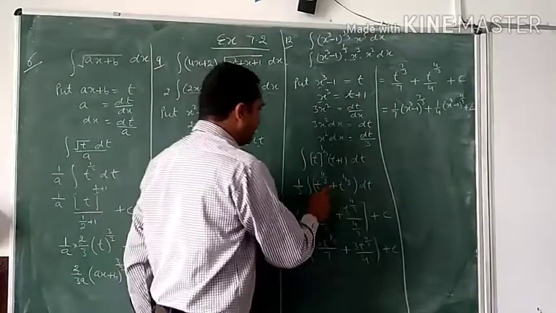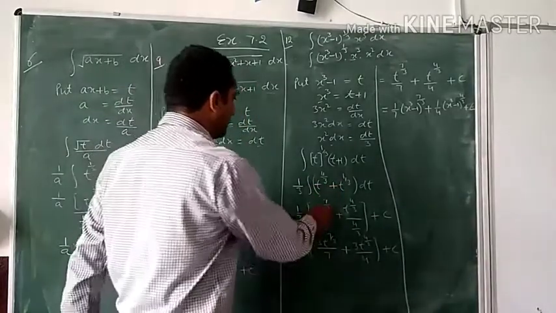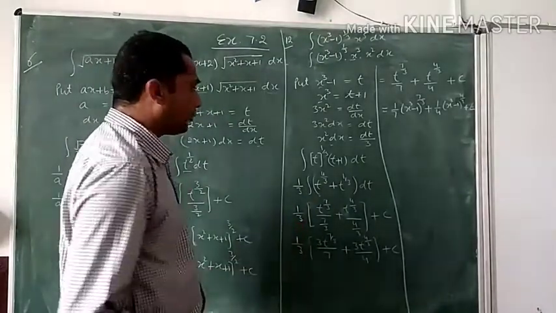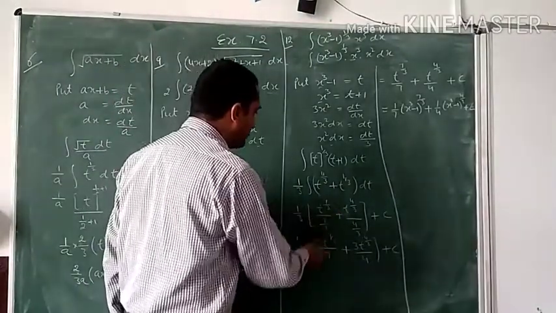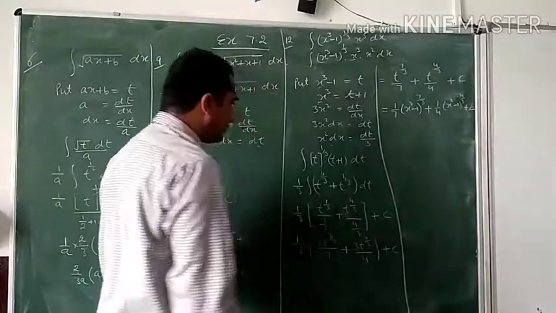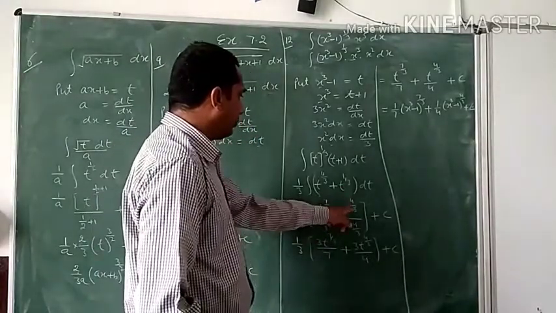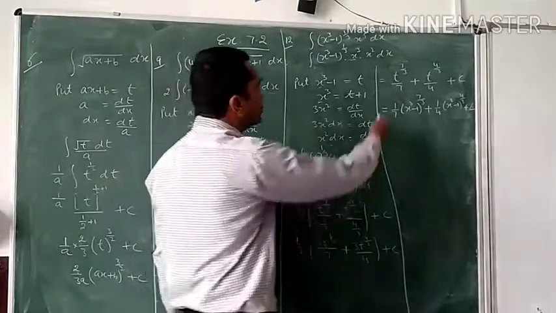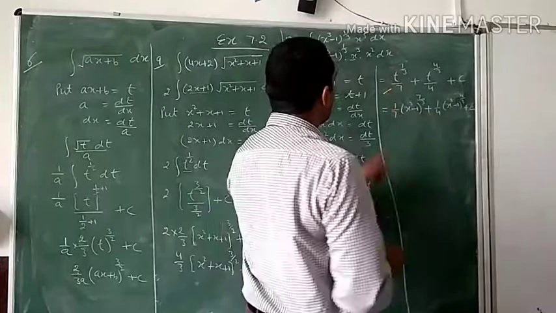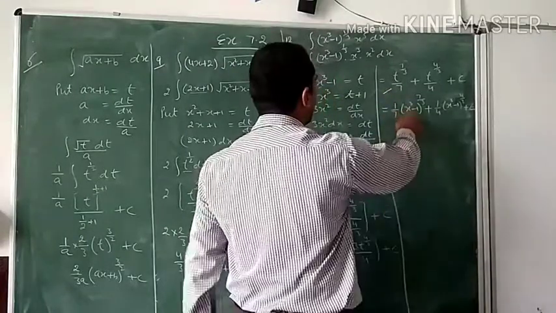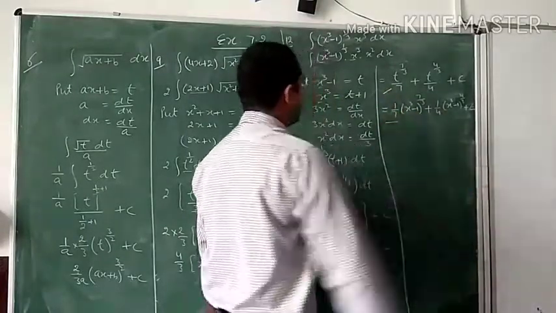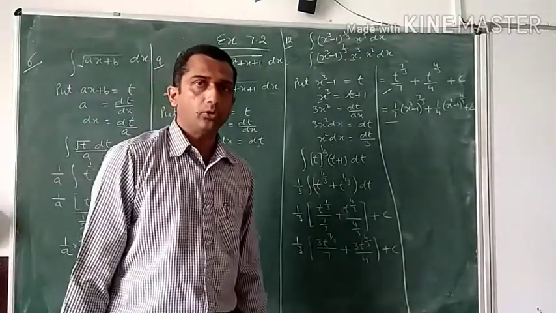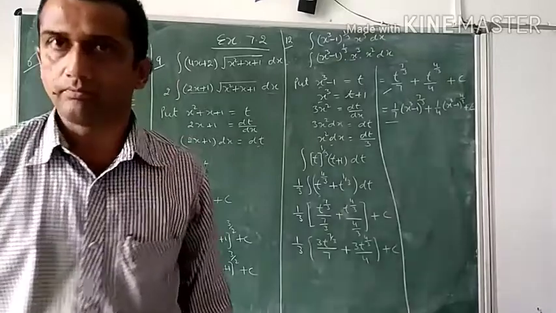Now integrating this function, you know that the integration of t raised to power 4 by 3 is t raised to power 4 by 3 plus 1, it will be 7 by 3, upon 7 by 3, plus t raised to power 4 by 3 over 4 by 3. Now after solving it, you will get this, and substituting the value of t here, you will get the answer. So before starting question number 13, pause the video to note it down.